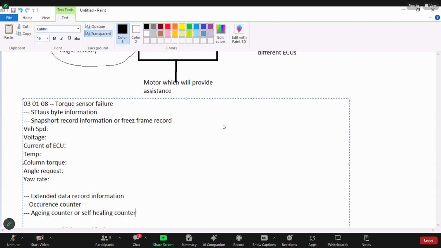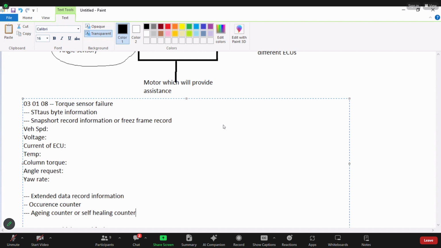In that case, the low battery voltage fault has occurred. Then the occurrence counter of low battery voltage DTC will increment to 1. Next day again you turn on, again you went, again low battery voltage fault occurred. Then the occurrence counter will increase to 2.